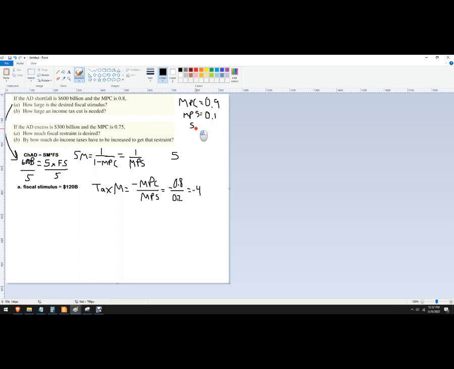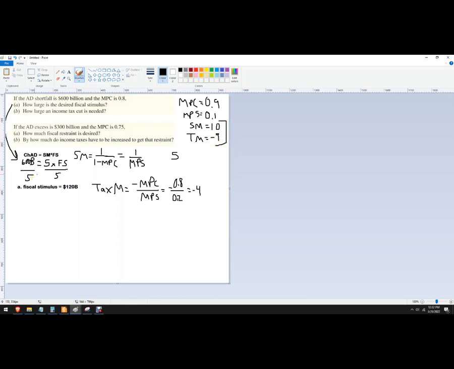This means our spending multiplier is 1 over 0.1, which is 10, and then negative 0.9 over 0.1, so the tax multiplier would be negative 9. See, it worked out. You can try it out in various contexts.